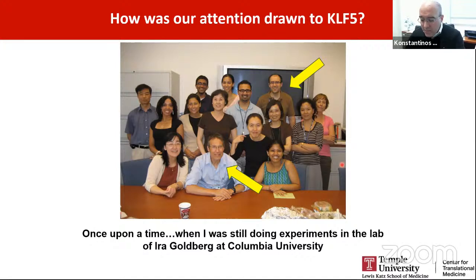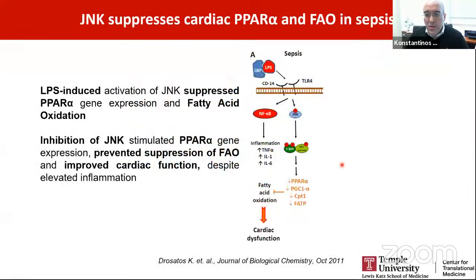And at that time, I was working on a project that had to do with sepsis. Our early findings showed that in sepsis, or actually in endotoxemia, which is the right way to describe LPS-induced inflammation, JNK kinase is activated, and this leads to activation of a transcription factor called c-Jun that eventually led to the suppression of the expression of a protein called PPAR alpha.